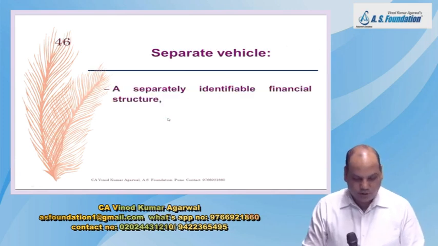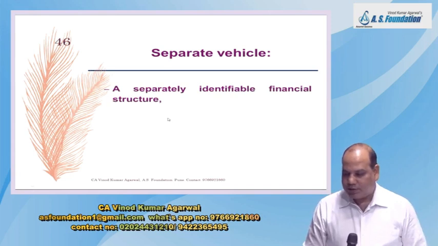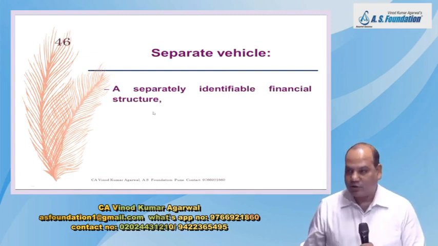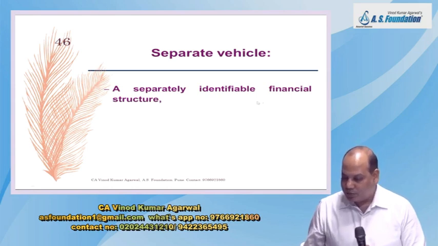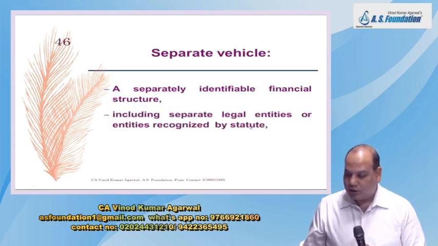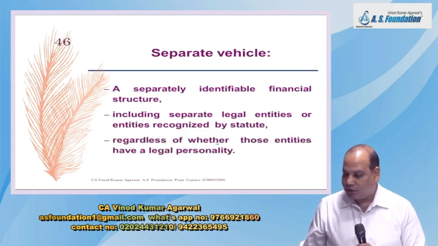What is a separate vehicle? It means basically a separate entity, but they have defined it in a more complicated way, a separately identifiable financial structure, which means it can be any form of business like partnership, LLP, private limited, public limited, listed entity, including separate legal entity or entities recognized by the statute, regardless of whether those entities have a legal personality.